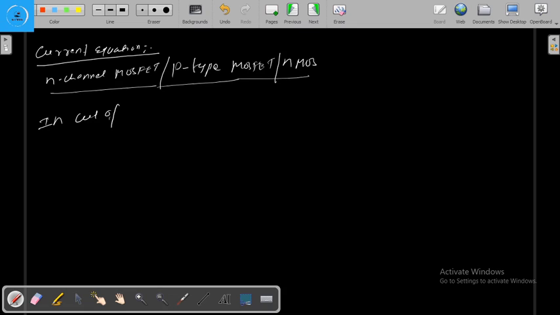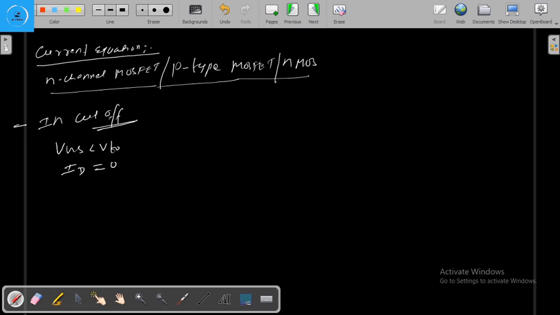The derivation of the current equation will not be asked in the GATE examination, so I don't think it is necessary to derive it. In cutoff region, the voltage condition is VGS is less than VT naught, and the current will not flow because the channel does not exist here.